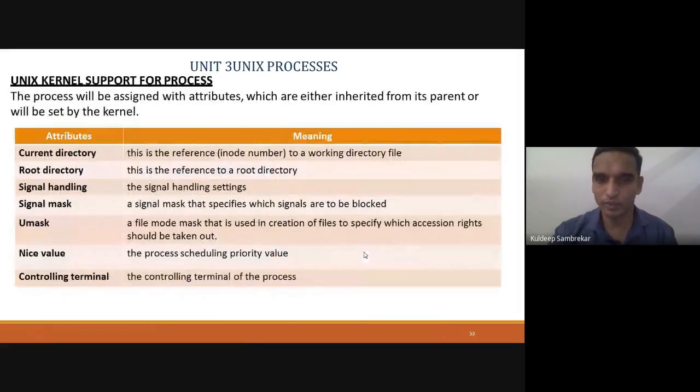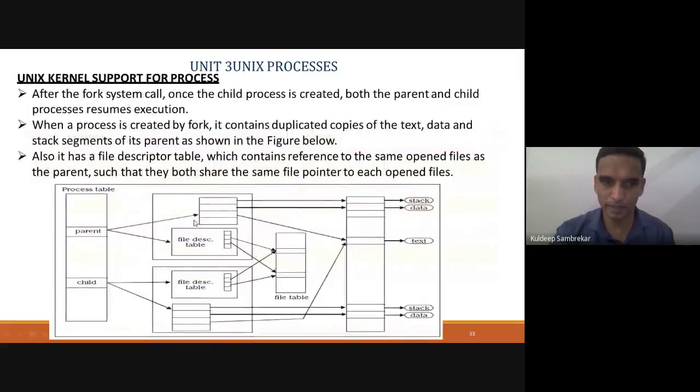Okay. So when you are working with the parent-child, there are some attributes which are inherited from the parent. As I told you, there is a parent and there is a child process. But at that time, there are some attributes which are inherited from the parent itself. Now, which are those?